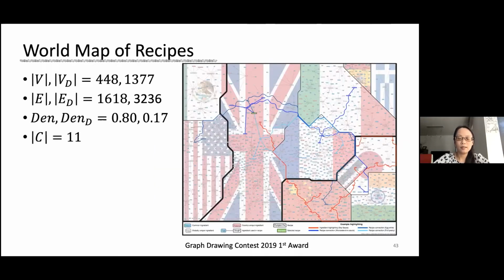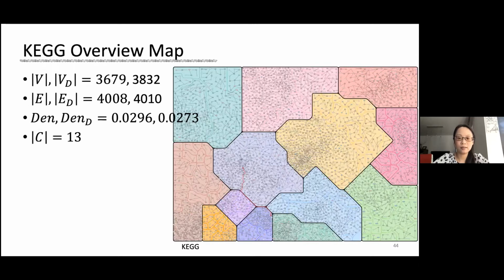So this is again the world map of receipt, as you can see here. And this is the same Cake data set, where you can see that the vertices reside in their assigned region.